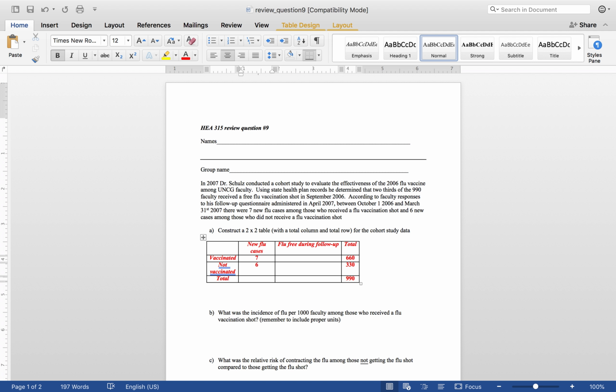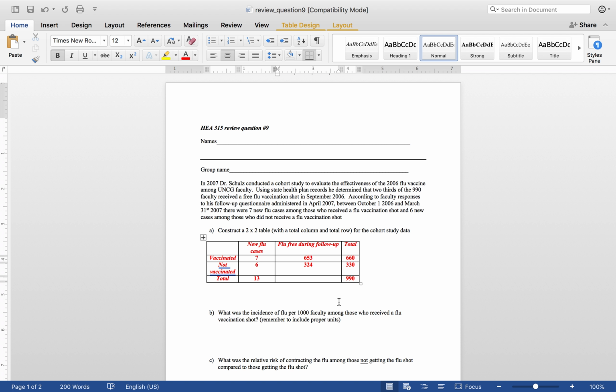And so now we can just fill in the rest of our table. So we now know that the total of new flu cases would be 13 by adding the 7 to the 6. And we can fill in the rest of the table here by doing our subtraction. So 660 minus 7 is going to give us 653 people that did not have the flu in the vaccination group, and subtracting the 6 from the 330 gives us 324, and then we can add those two numbers up.